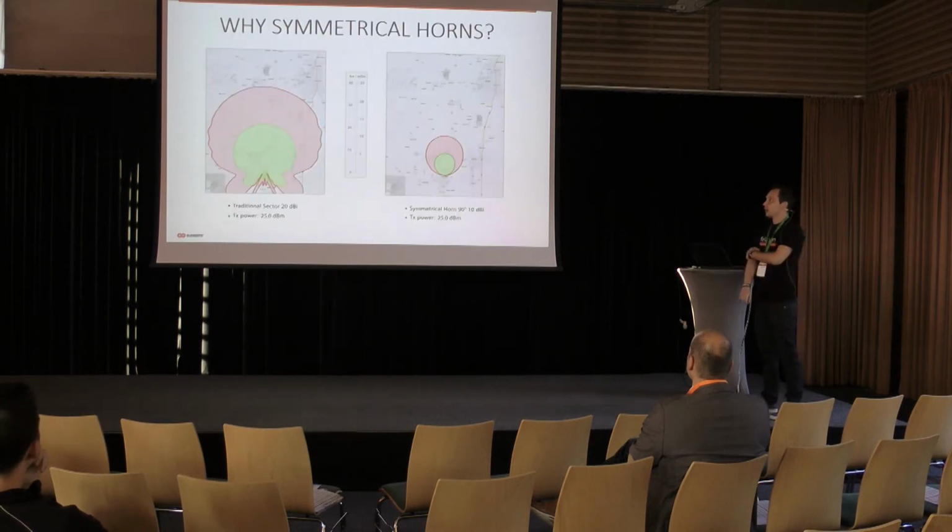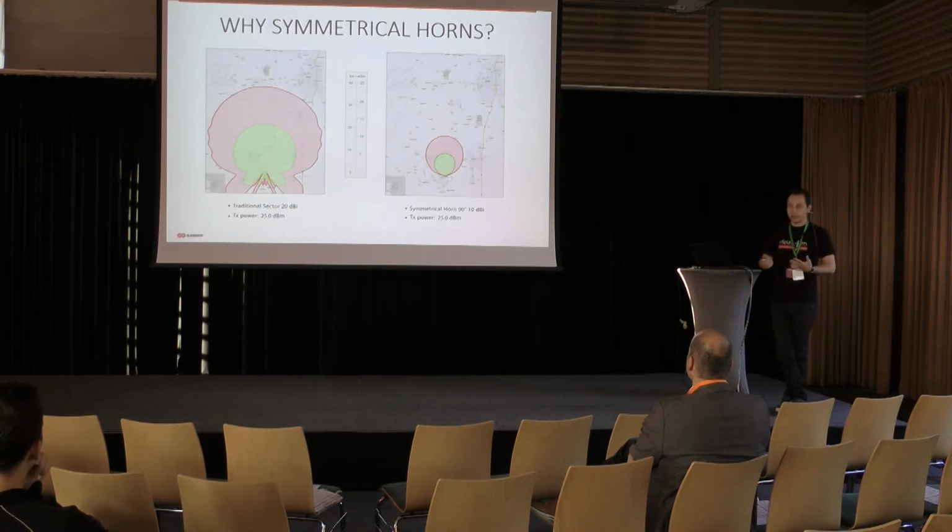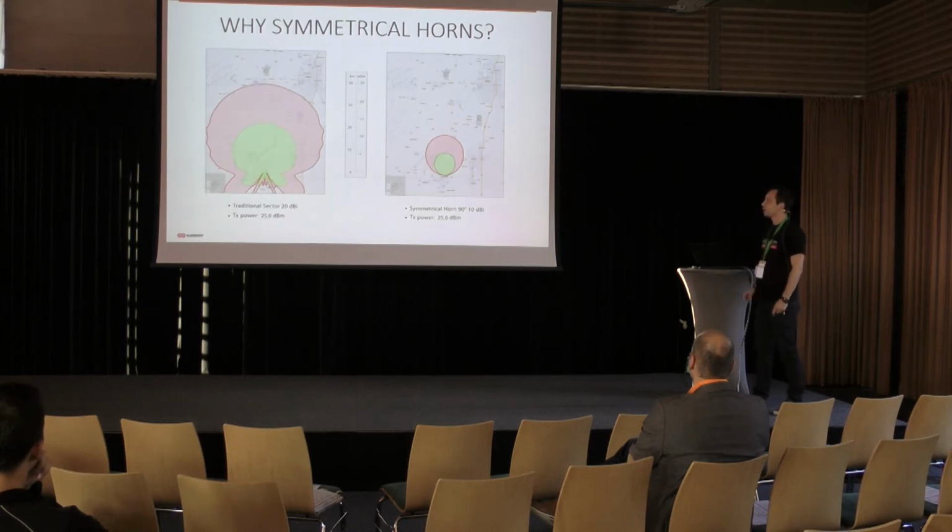Now, actually, the most common solution right now, if you have problems with your antenna, the first thing that most of the WISPs do is, okay, I will increase TX power. TX power on the radio, TX power on the antenna, just burn everything around.